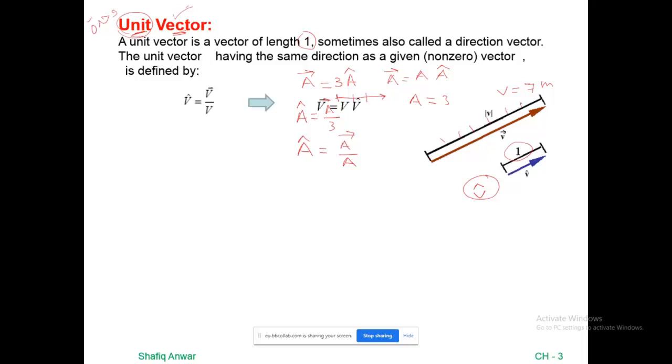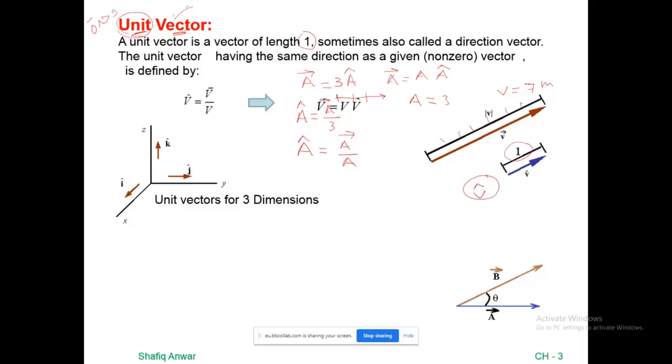Now we will be using, as a rule, if you have 2 dimensions, x-axis and y-axis, any vector which is along the positive x direction, we use I unit vector as a rule. For example, I have this vector with magnitude 2 in the x positive direction.